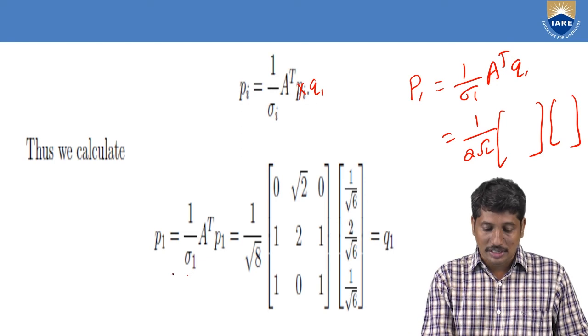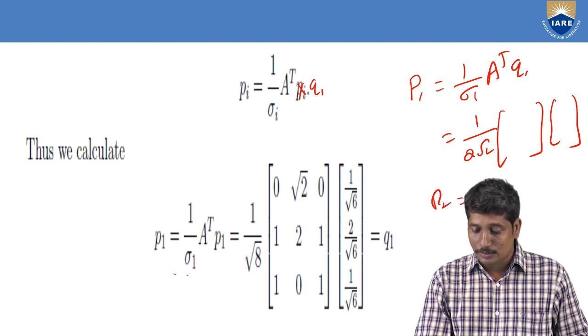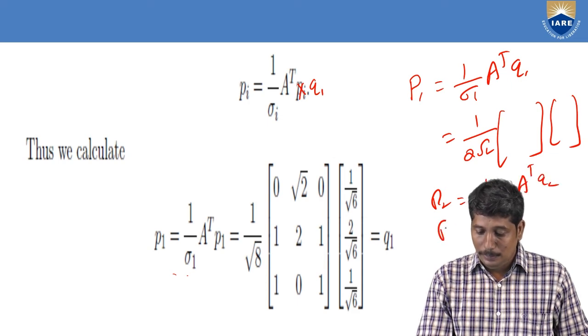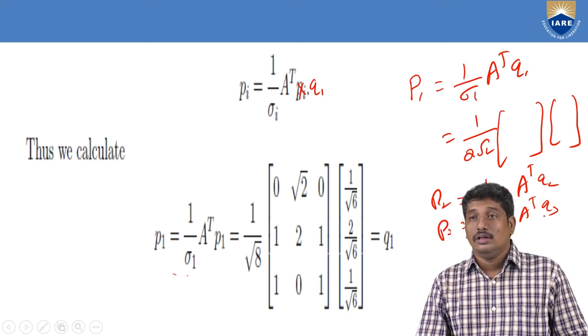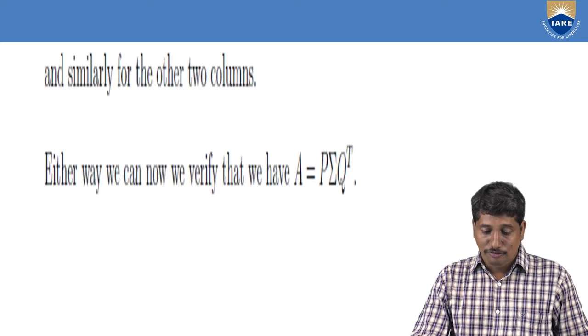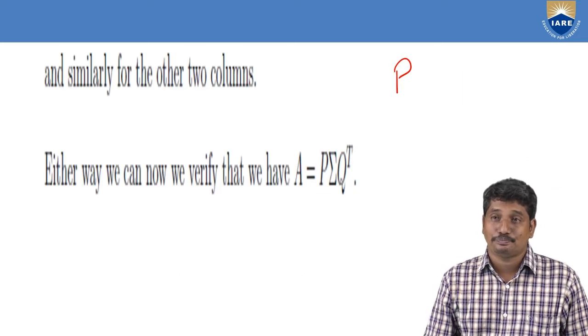Similarly, we can write P2 as 1 by sigma 2 A transpose Q2, and P3 as 1 by sigma 3 A transpose Q3. And in that way, we can calculate the matrix capital P.